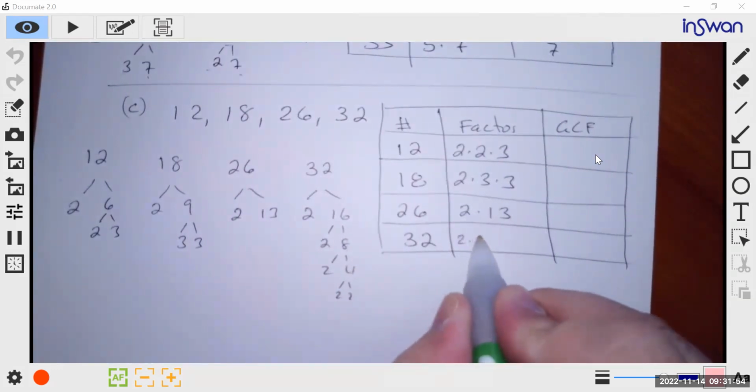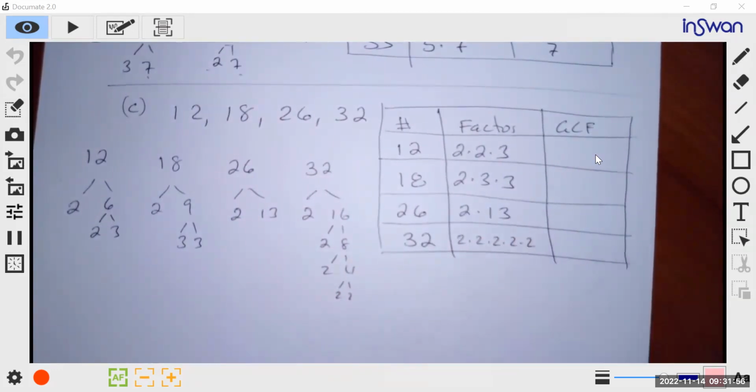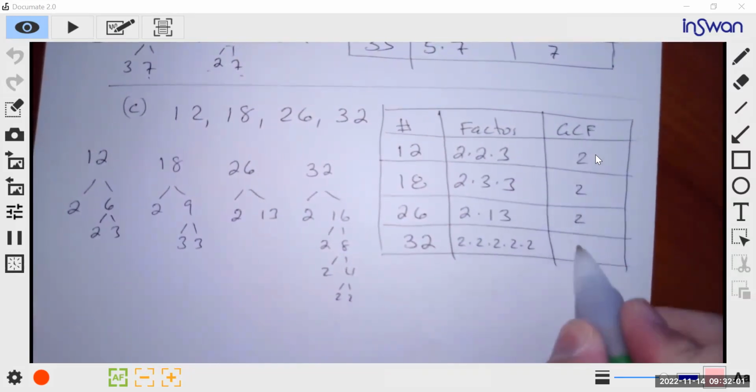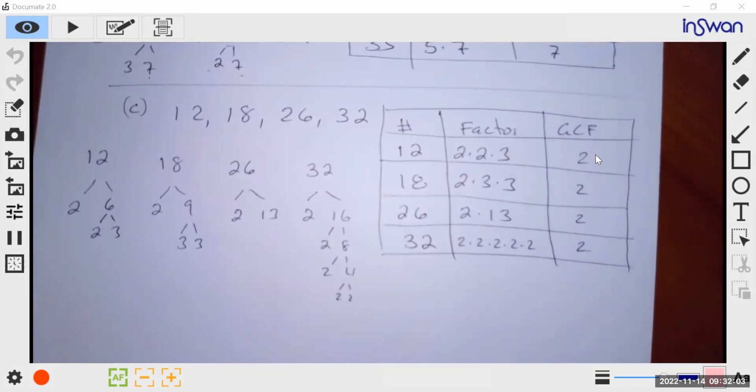So it's 2 times 2 times 2 times 2 times 2. So they all only have a 2 in common. So the GCF is 2.